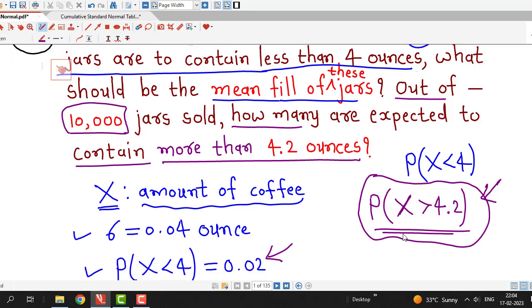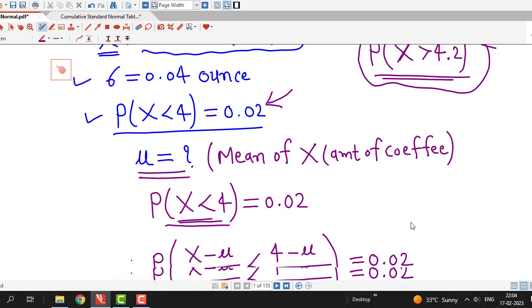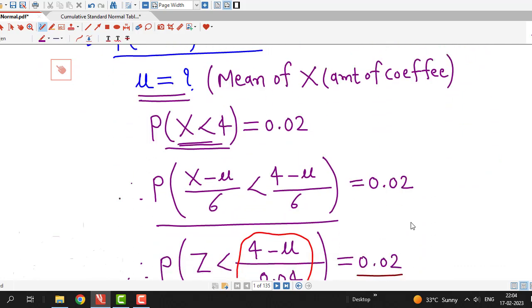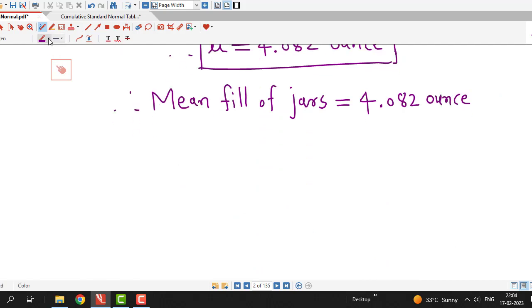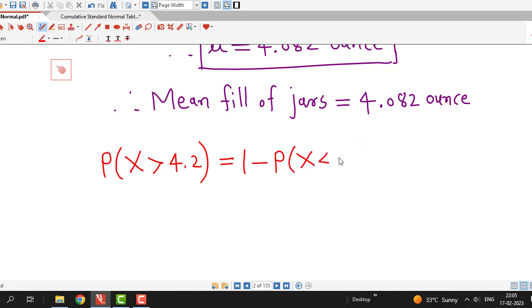So first we find out this probability that X is greater than 4.2. So let's start with that probability. We are interested in the probability that capital X is greater than 4.2 ounces. So this we can rewrite as 1 minus the probability that capital X is less than or equal to 4.2 ounces.